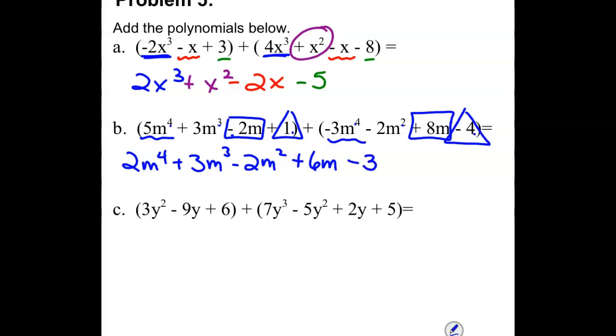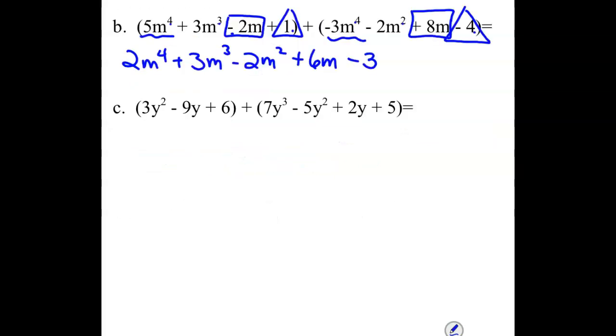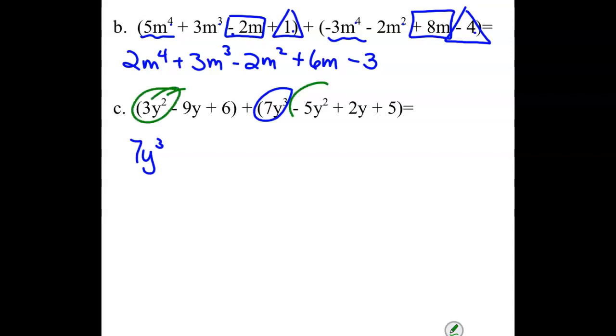Okay. And our last one. They are in standard form, but what's the highest power going to be? The 3's. Yep, we're going to do the cubes first. So I'm going to bring this 7y cubed first. Okay. Then let's look at our squares. We have 3 of them here, and we have -5 of them there.